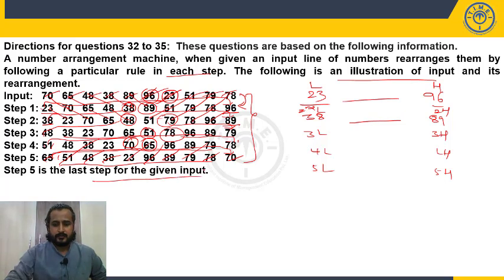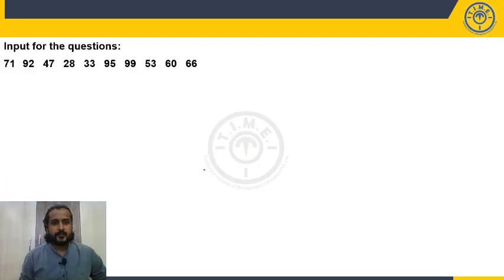Now what is given? The input for the question. For all the remaining questions, the input will remain the same. Now we need to identify the least and highest, right? Let me write those numbers. What is the least one? 28. Next 33.